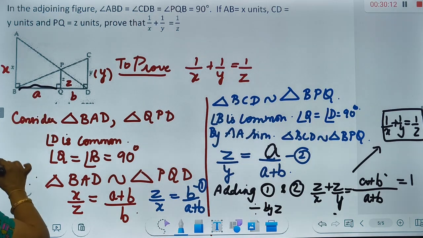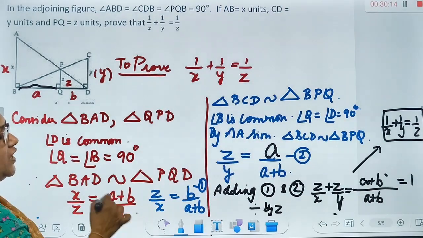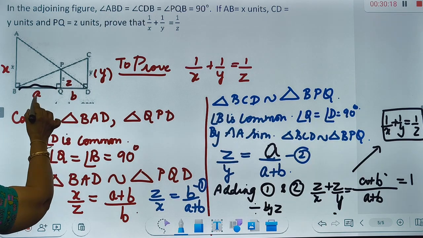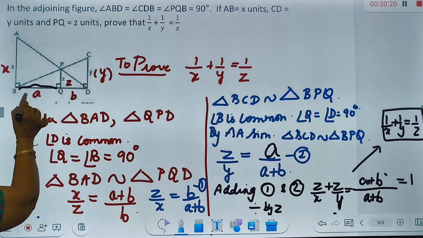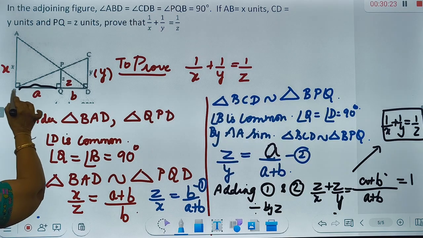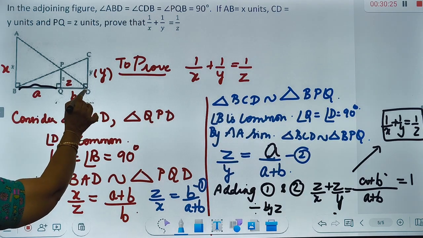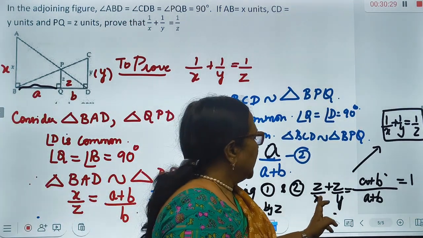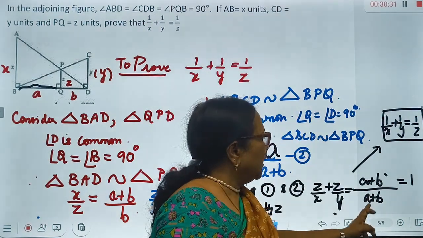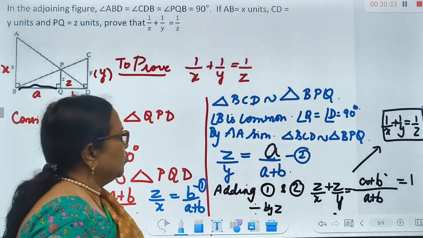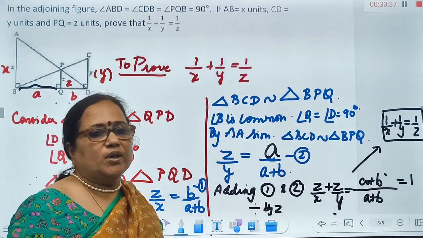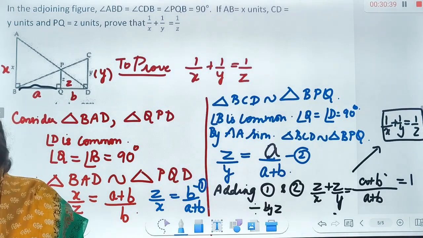So if I look at the ratio of the corresponding sides, Z by Y will be equal to A, the smaller side, by the corresponding side of the bigger triangle, A plus B. Now adding 1 and 2, I get Z by X plus Z by Y equal to A plus B by A plus B, which is 1. Divide by Z, you get 1 by X plus 1 by Y equal to 1 by Z.